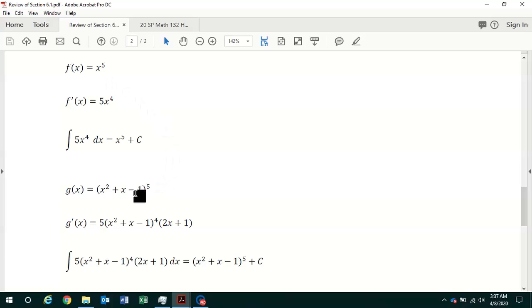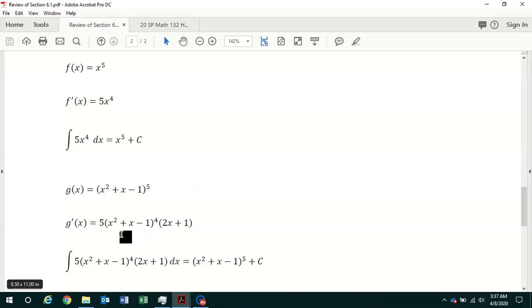Now let's change the function and replace the x in x to the 5th with an algebraic expression involving x. You know when that happens, you have to use the chain rule for the power function in finding the derivative of that function. So here we have g of x is equal to x squared plus x minus 1 to the 5th power. So to find the derivative g prime of x, we bring the exponent 5 down front of the left parentheses, subtract 1 from the exponent, just like we did up here with f prime of x.